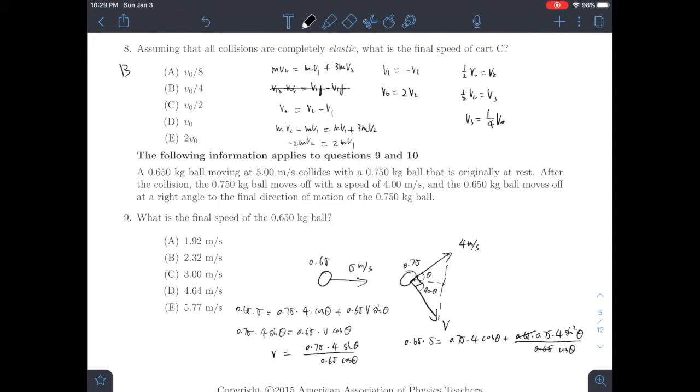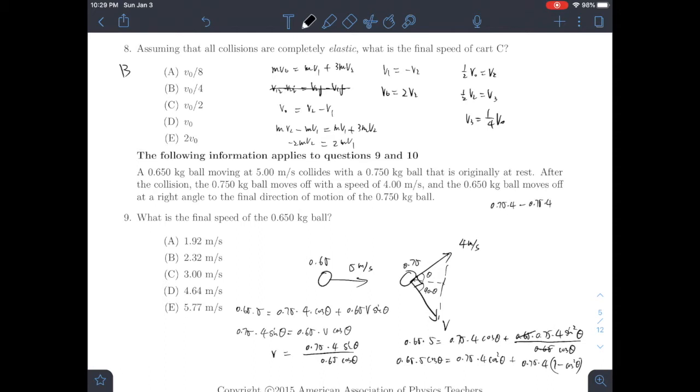Then we multiply both sides of the equation by cosine theta. We'll have 0.65 times 5 times cosine theta equal to 0.75 times 4 times cosine theta squared plus 0.75 times 4 times 1 minus cosine theta squared, which is sine squared, according to the trigonometric identity. Then we can solve for cosine theta.